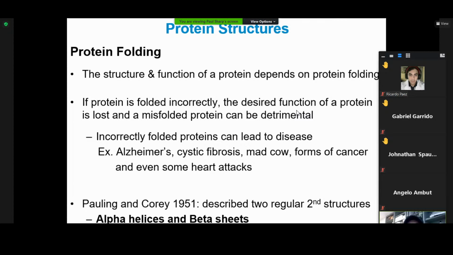So structure and function of a protein depends on how that protein folds. If a protein is folded incorrectly, there's a strong chance that it's not going to be functional, and that could be a problem. And if there's a mutation in a protein-encoding gene, and that mutation leads to a change in a single amino acid, it can have devastating effects.